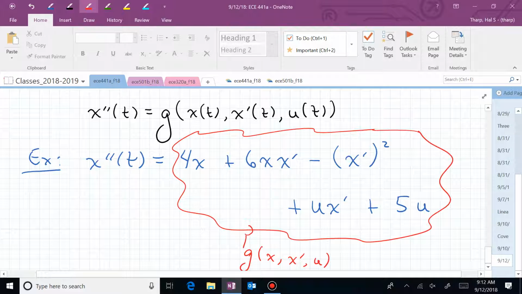Do we have any nonlinearities in G? Or is G nonlinear? Yeah, we have a lot of nonlinearities in this one. We have x times x prime, we have x prime squared, we have u times x prime. Those are all three nonlinearities, and any one of those by itself would cause the whole system to be nonlinear.